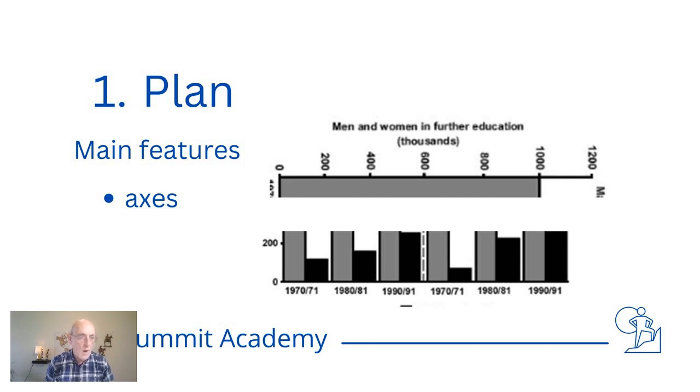And then on the x-axis, the bottom of the graph, I can see that it's divided according to years: 1970, 71, 1980, and 1990, so that it's measured in 10-year increments, or measured in decades. So that's just the first thing that I want to notice.